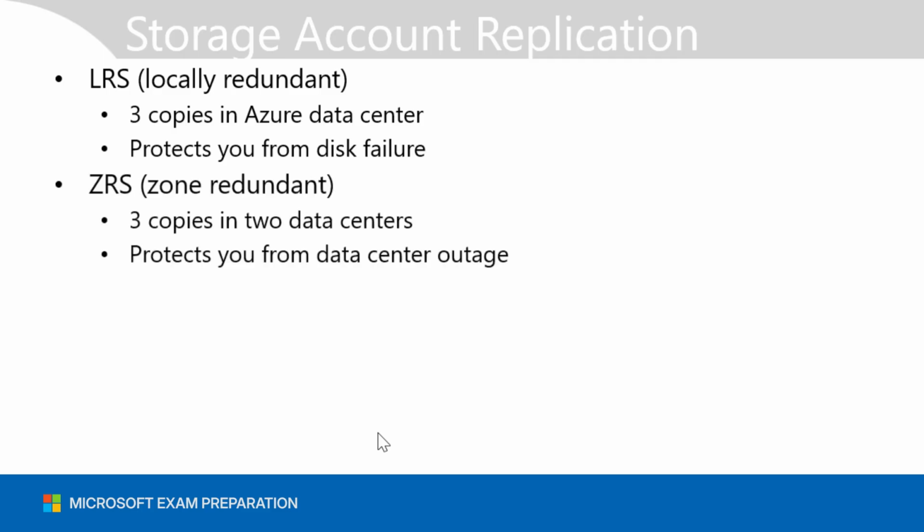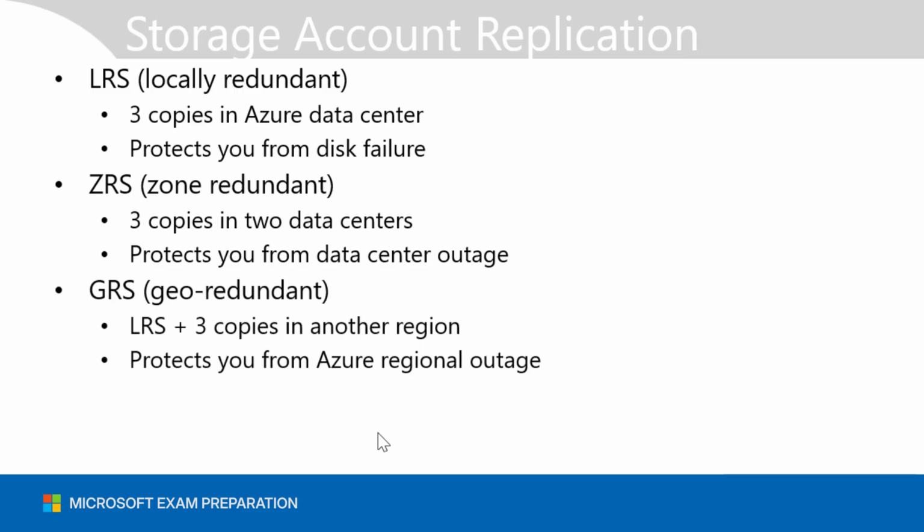One up from that in cost and functionality is what's called zone redundant storage. You still have 3 copies of each file that you create, but they're created in 2 different data centers in the same region. So this protects you from a data center outage. It costs more than locally redundant storage.